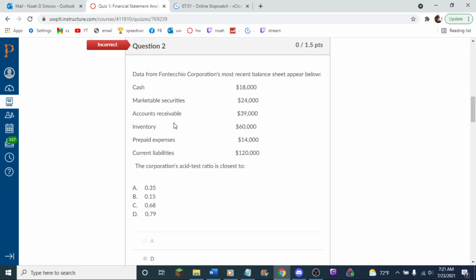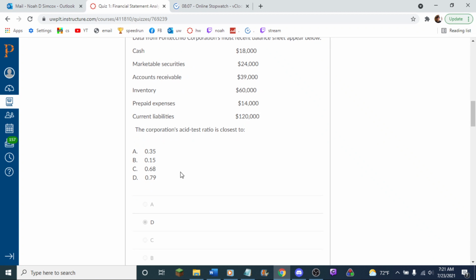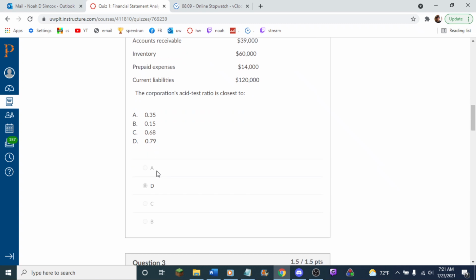But the reason why I got it wrong must have been because they didn't want me to include prepaid expenses. So guess what? The answer is actually... Oh, this is bad. Isn't this a really bad ratio? 6, 8. So I'm assuming C was the answer they're looking for. So yay! Thank you.